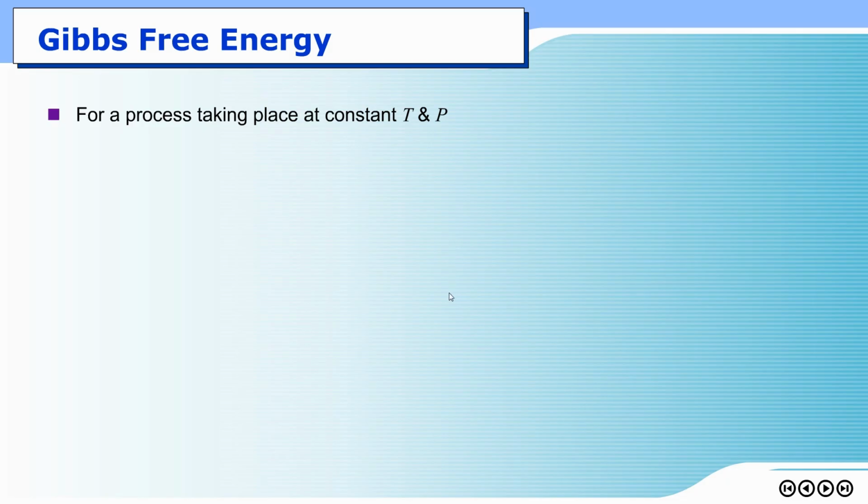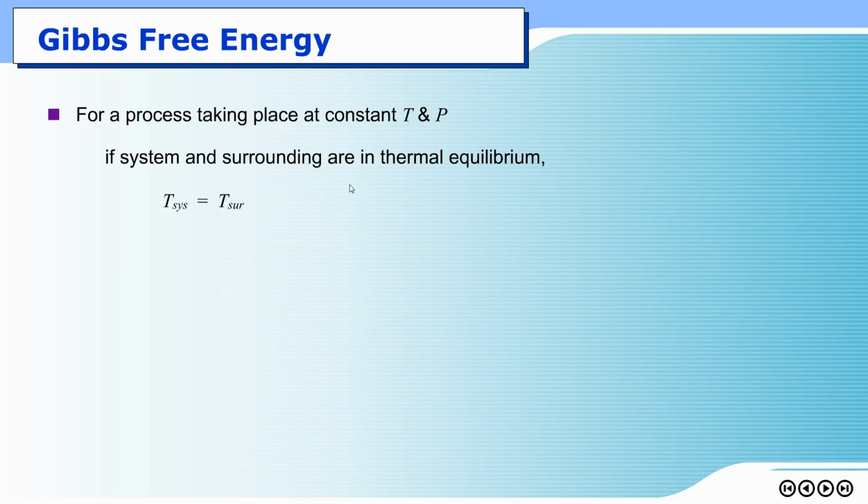If, for instance, we consider a process at constant temperature and pressure, and in addition the system and the surroundings are in thermal equilibrium. The word thermal equilibrium means that both system and surroundings share the same temperature.